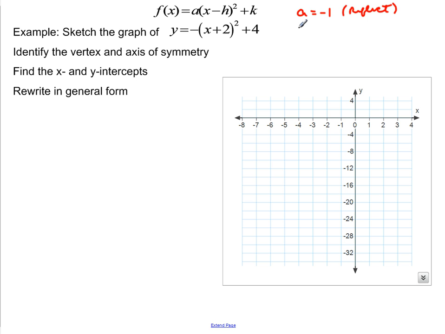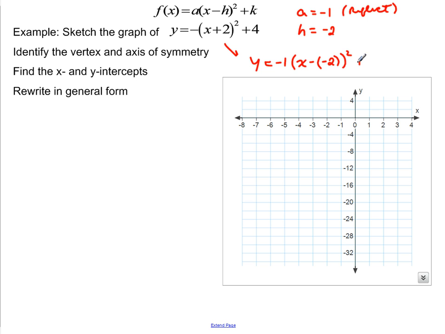h. Well, in this case, h is not positive 2. In fact, it's negative 2. Why? Well, if we think about this equation in the form y equals negative 1 times x minus h, the only way to get x plus 2 is to make it x minus negative 2.